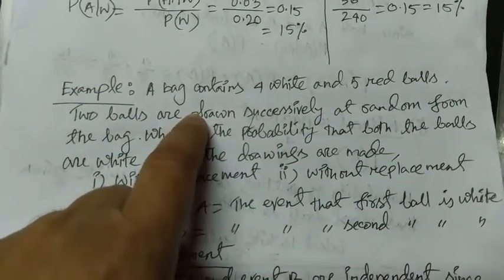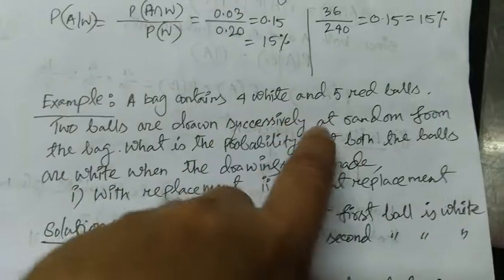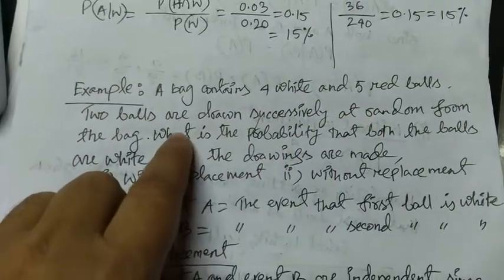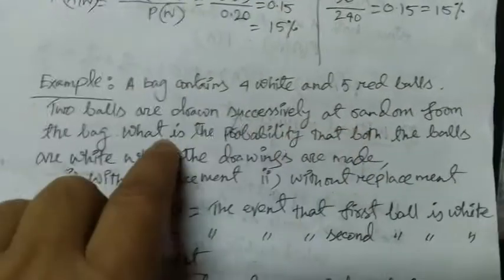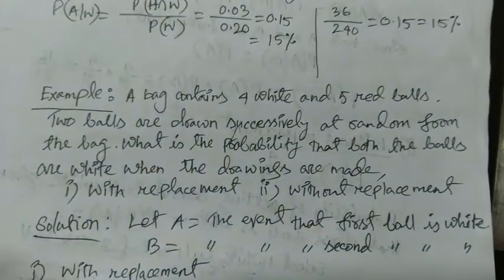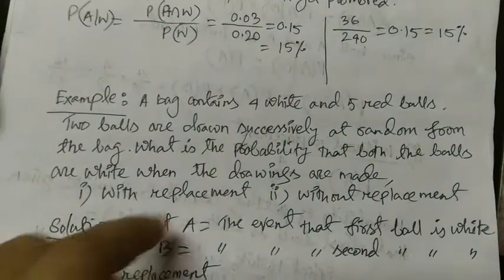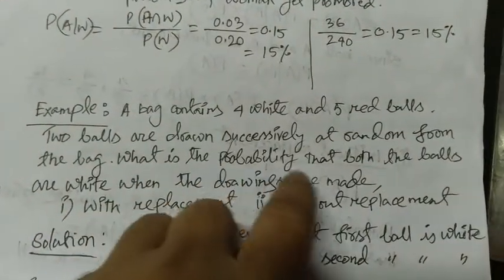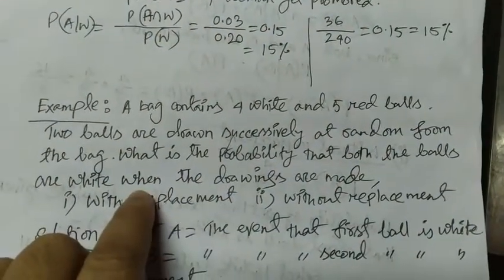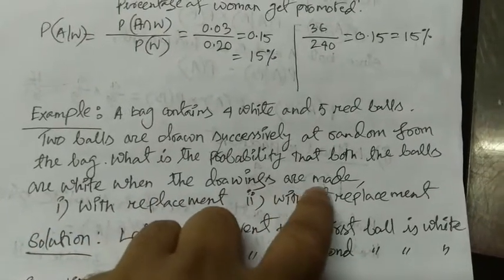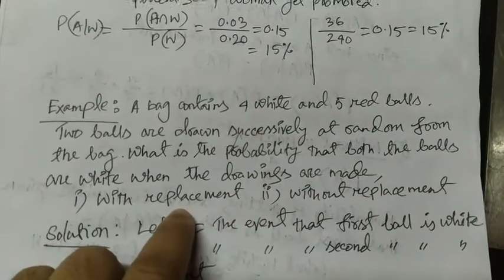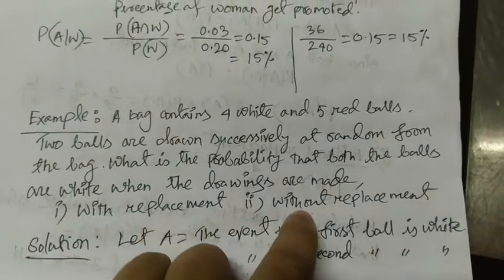A bag contains 4 white and 5 red balls. 2 balls are drawn successively at random from the bag. So that means we need to pick 2 balls from the bag. What is the probability that both the balls are white, if the drawings are made with replacement or without replacement?